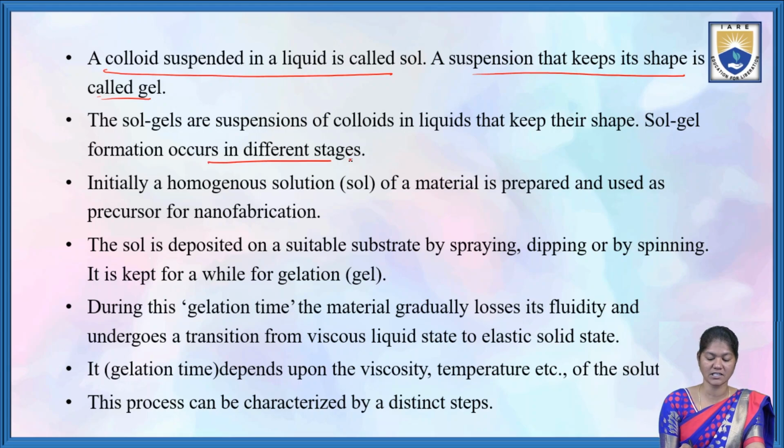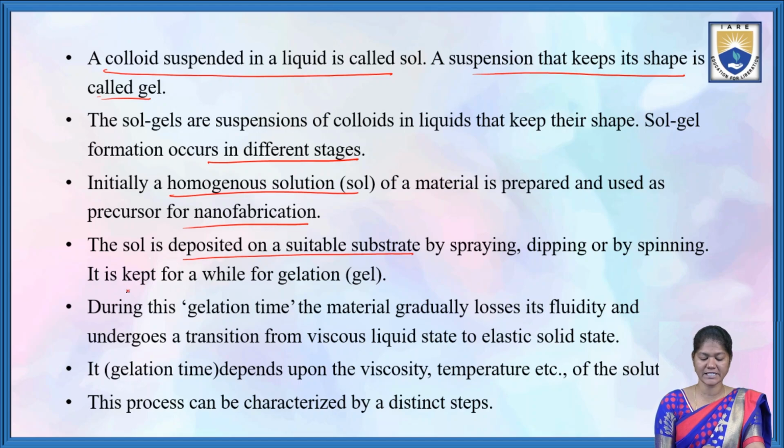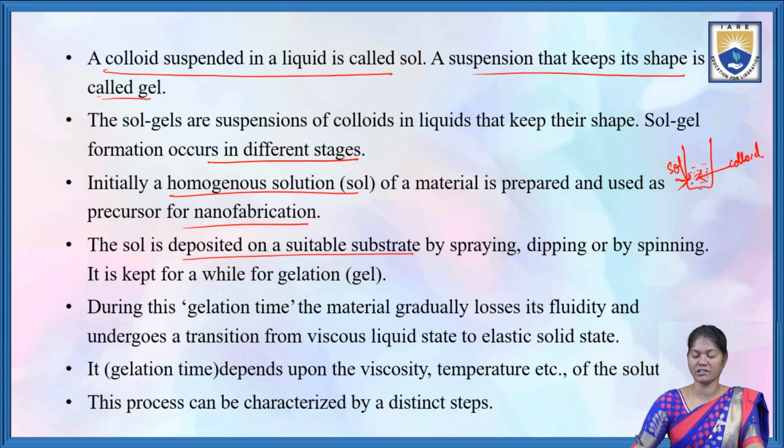Sol-gel formation occurs in different stages. Initially, a homogeneous solution of a material is prepared and used as a precursor for nanofabrication. The sol is deposited on a suitable substrate by spraying, dipping or spinning, and it is kept for a while for gelation. First we take a solution that has some colloid particles suspended in the liquid.